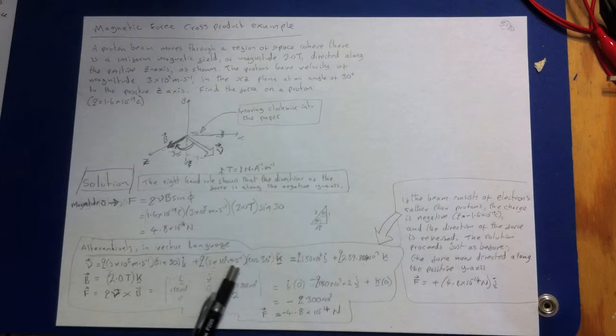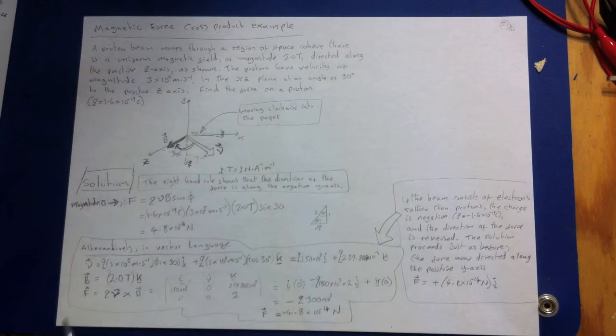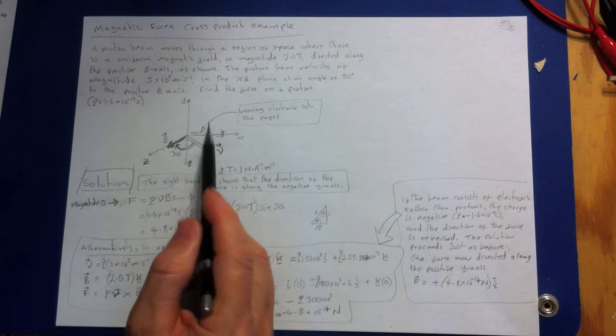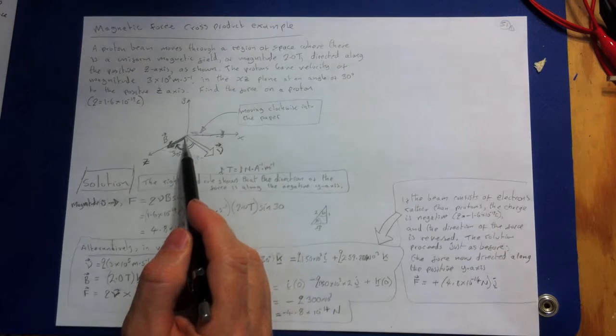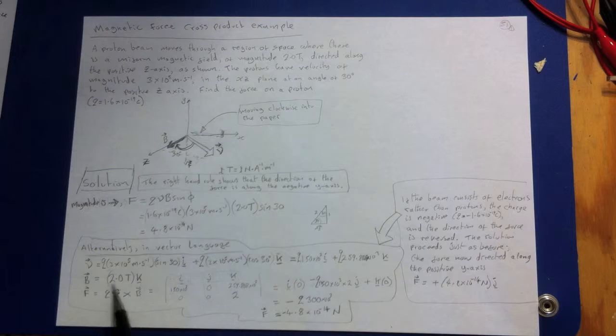Again, 3 times 10 to the 5 cosine 30. That gives us what this vector v is. And B, we know B is just 2 Teslas in the k direction. There's nothing in the i and the j. It's only in the k dimension. So that's B equals 2 T k.